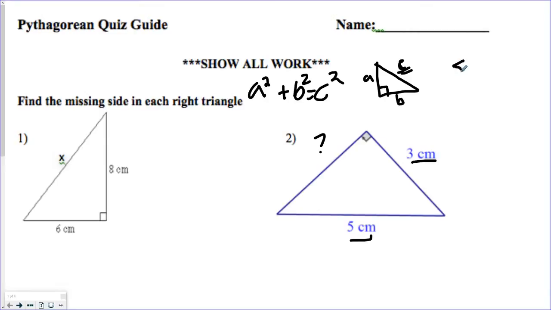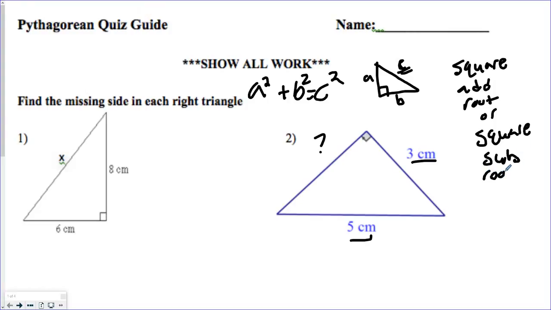So let me write it here. You either square the numbers, then add, and then root, or you're going to square the numbers, subtract, and then root. It's always going to be one of these two pathways.